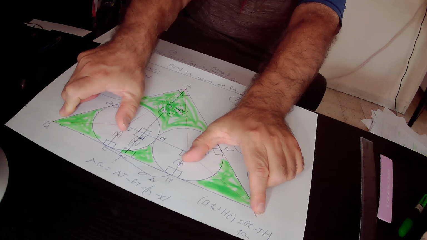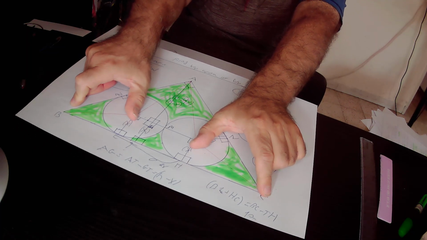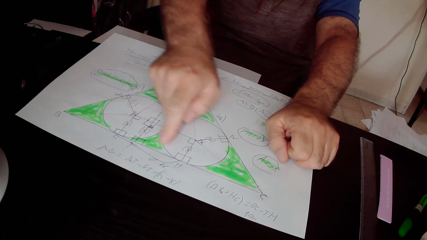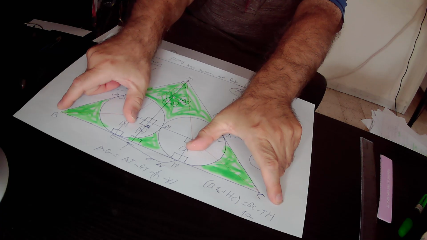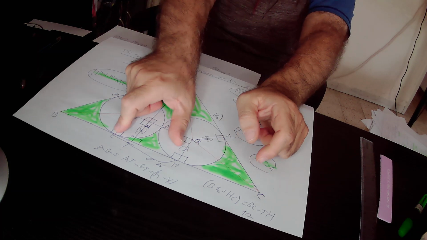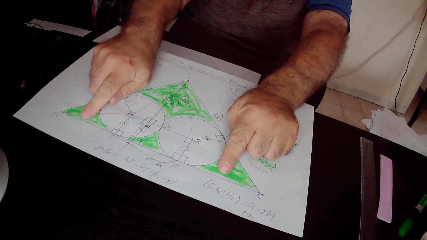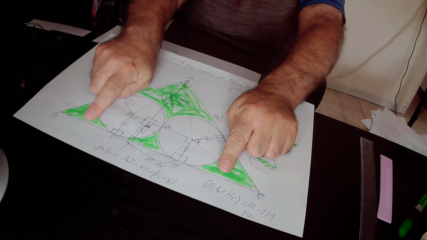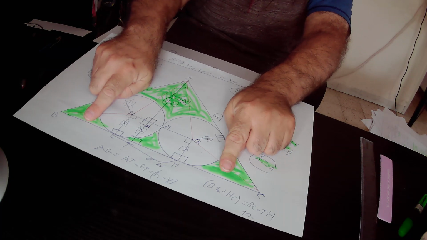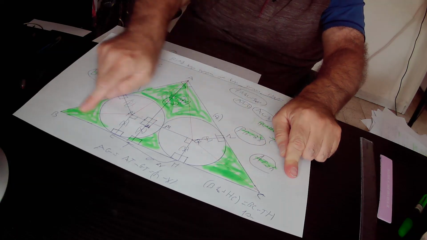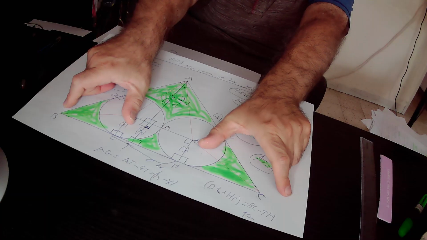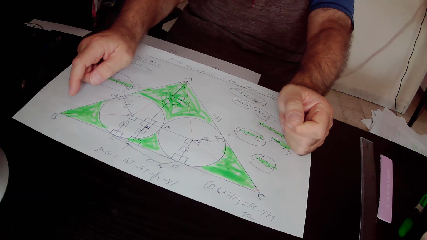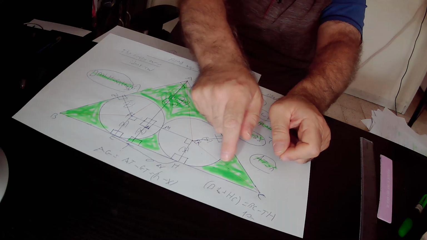It is very easy to see from the drawing that if you take from the big side BC this part LH, what is left is those two parts, BL plus HC. Therefore, BL plus HC equals BC minus LH.